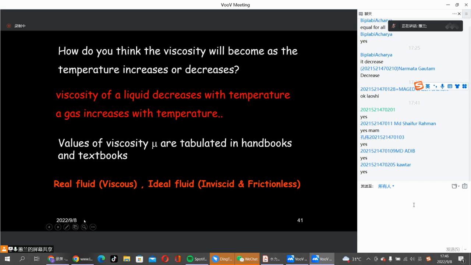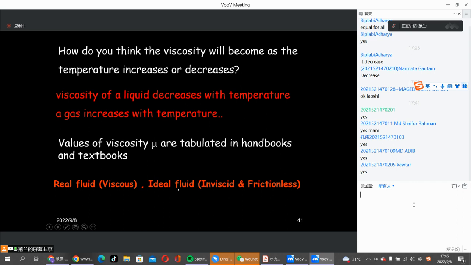Just now I said for viscous fluid, we have the very important no-slip boundary condition. The viscous fluid will have the same velocity as the solid boundary it contacts.